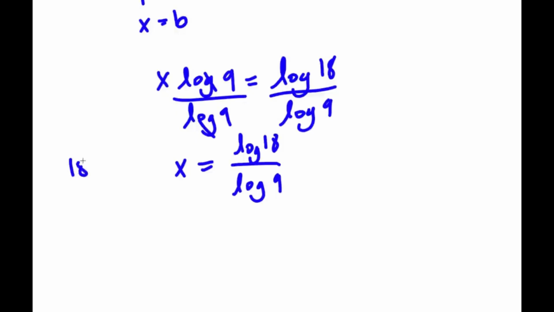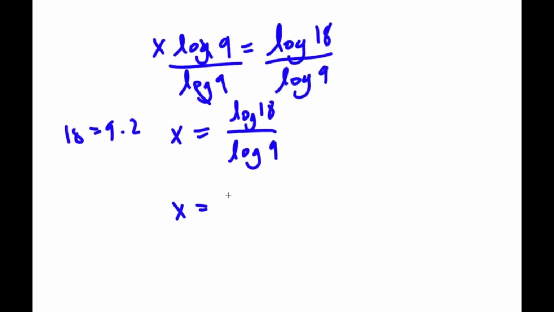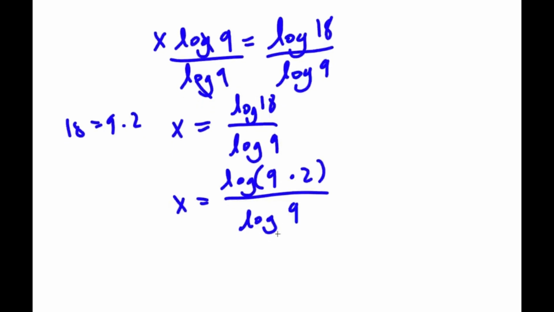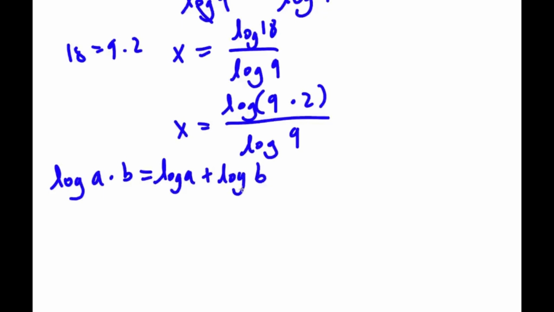Now 18 is equal to 9 times 2. So I'm going to rewrite log 18 as log 9 times 2. And now we're dividing this by log 9. So now, if I have a logarithm in the form log a times b, this is actually equal to log a plus log b.